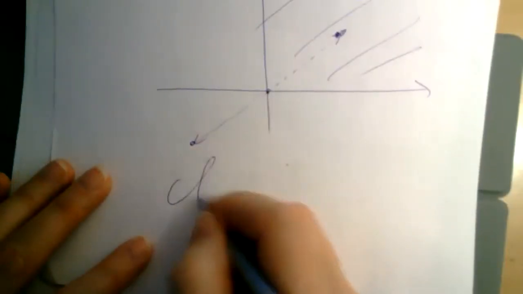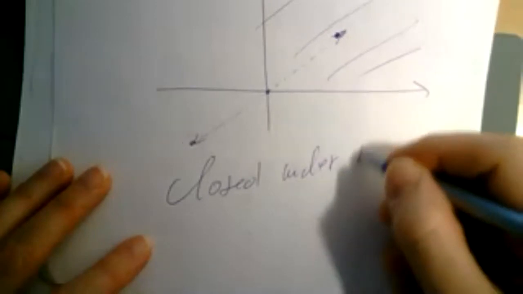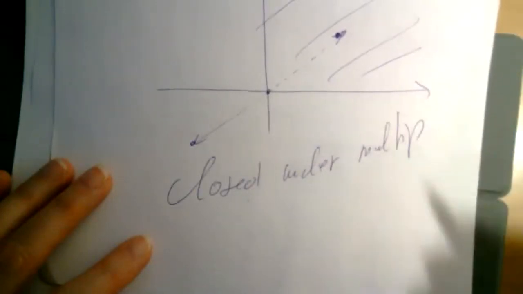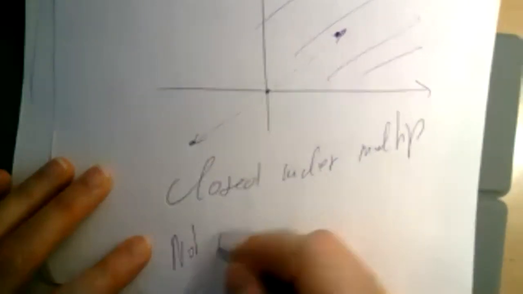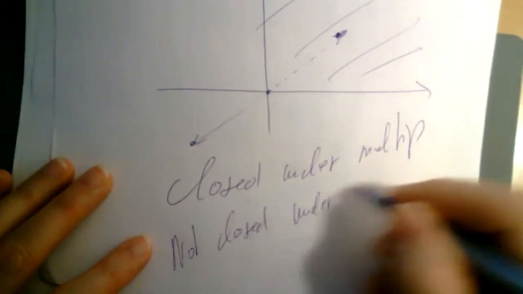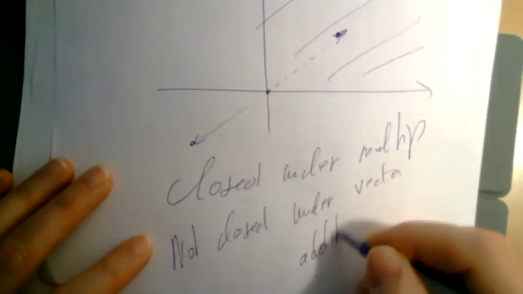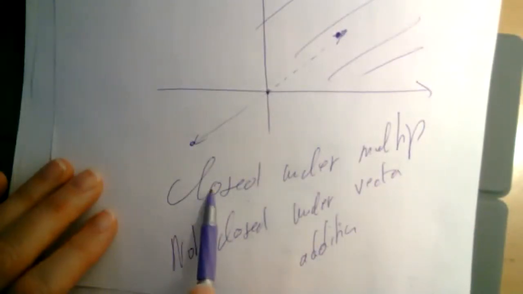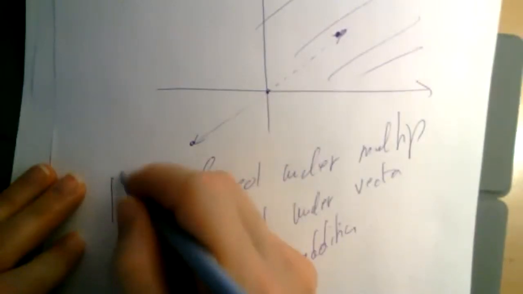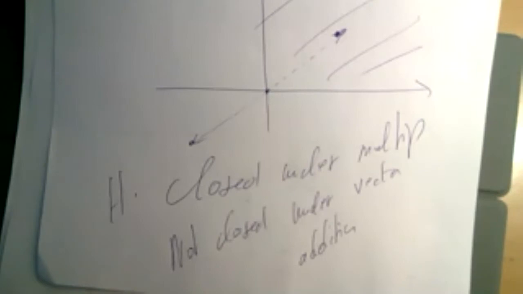So I want something which is closed under scalar multiplication, not closed under vector addition. Scale a vector, you stay within your collection, but add them, you can leave.